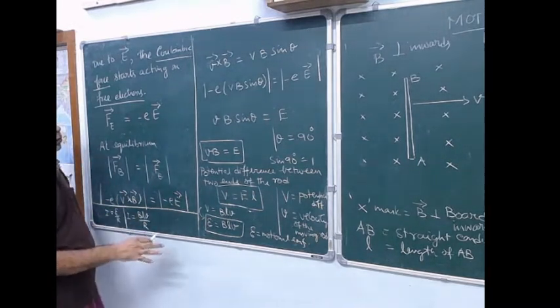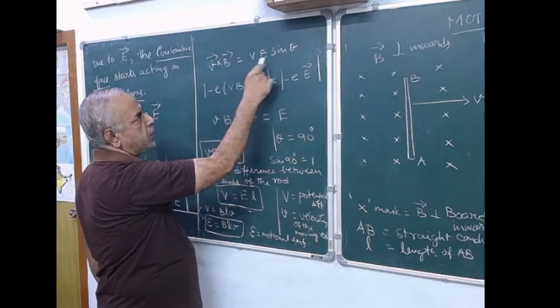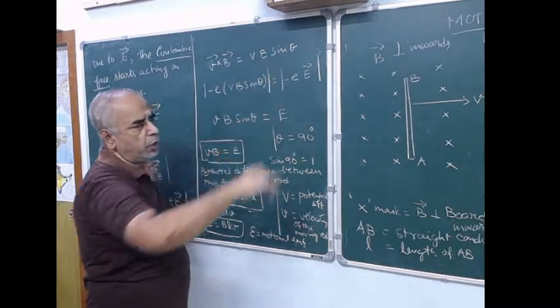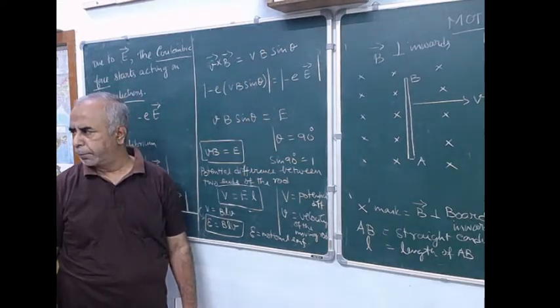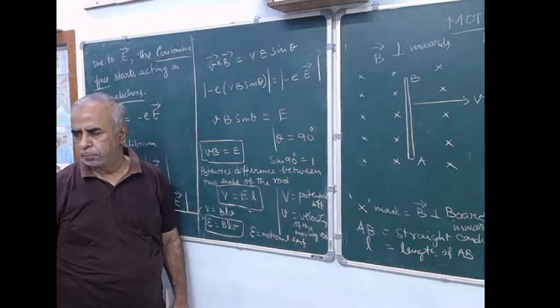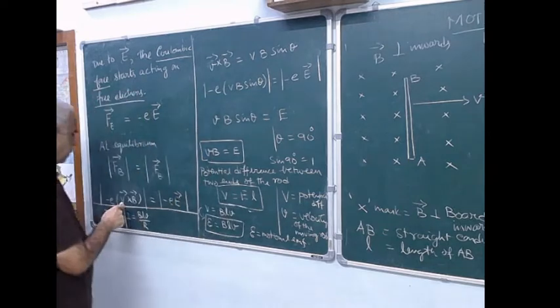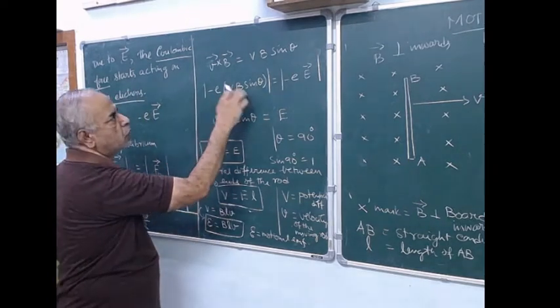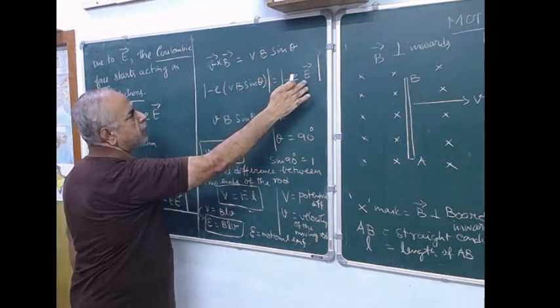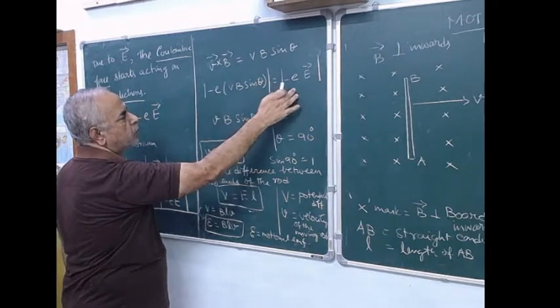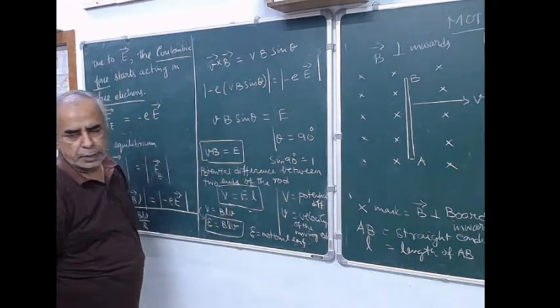We know the cross product v cross B is equal to vB sin theta into the normal n cap, here taken as 1. Substituting, minus e into vB sin theta is equal to minus e into E, and since they are absolute values, we drop the minus signs and e.